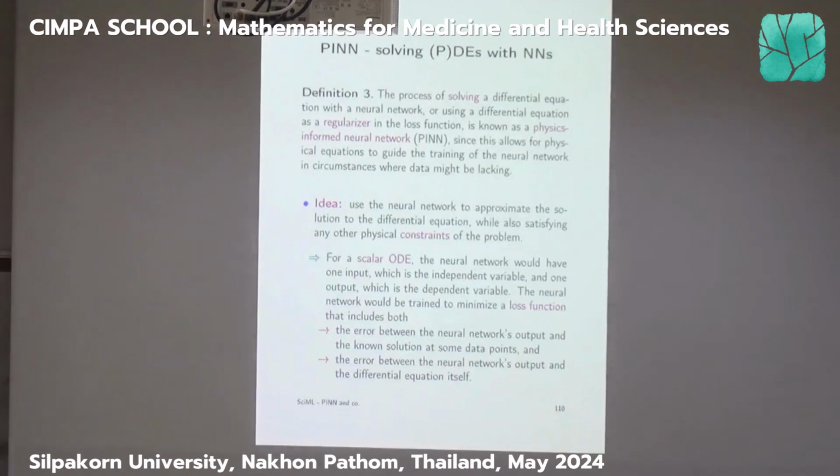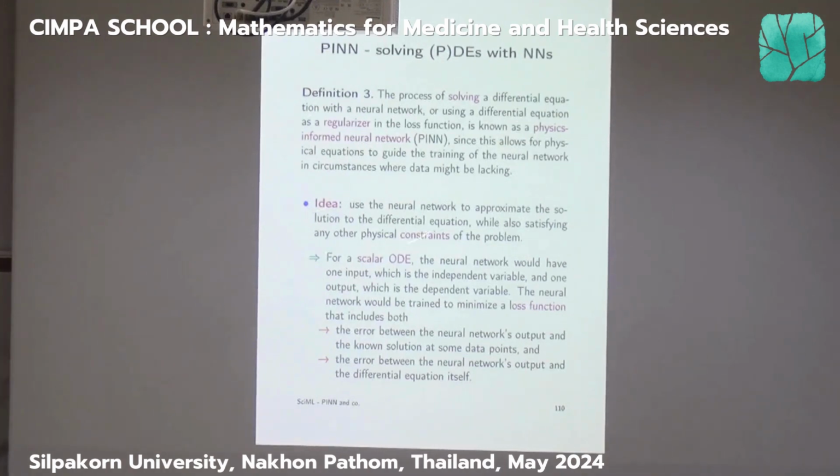What I want to look at first of all is how we solve the PDE with the neural network. We can actually use the neural network to solve the PDE. And then we can use the neural network also to estimate its parameters, because for the neural network there's no extra work to estimate the parameters.